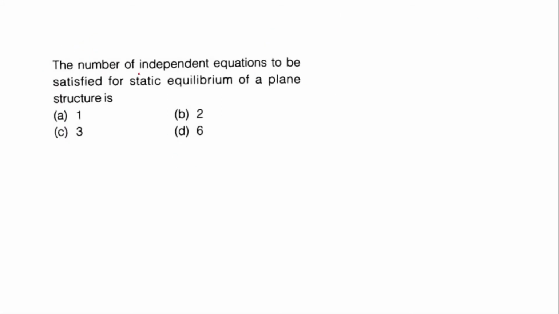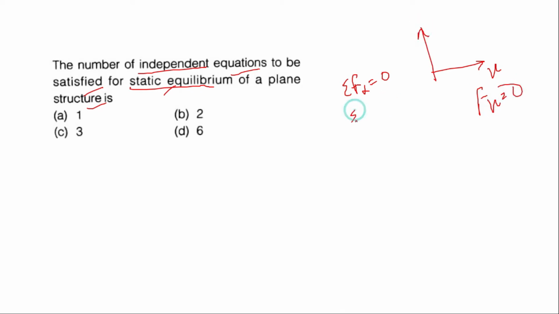The number of independent equations to be satisfied for static equilibrium of a plane structure is: what are the static equilibrium equations? The sum of Fx is equal to 0, that is, forces acting in the x direction are 0. Then the sum of forces in the y direction is equal to 0, and then the sum of moments in the z direction is equal to 0.